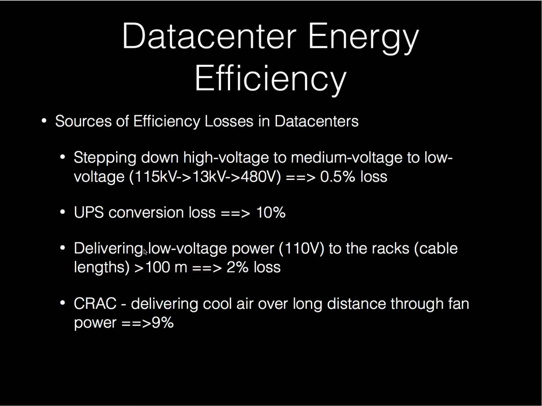If you think about when your data center requires 480 volts, the 480 volts is transferred from the power utility center, and in order to reduce the loss during the transformation, it needs to bring up the voltage to 110 kilovolts.